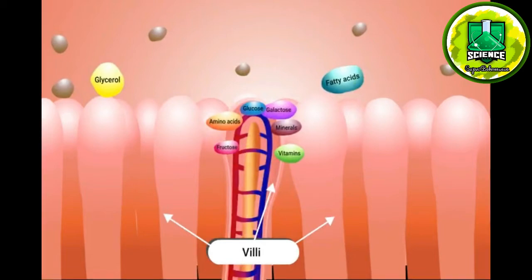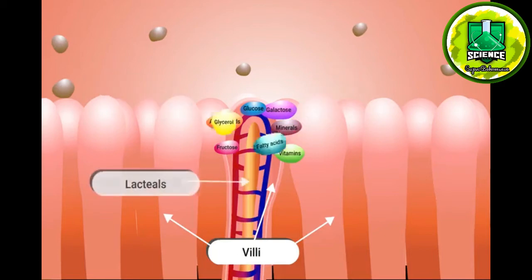When there is a high amount of glucose in blood, it is converted into glycogen and stored in the liver. In the same way, when the concentration of glucose decreases, glycogen breaks down into glucose and is added to the blood.